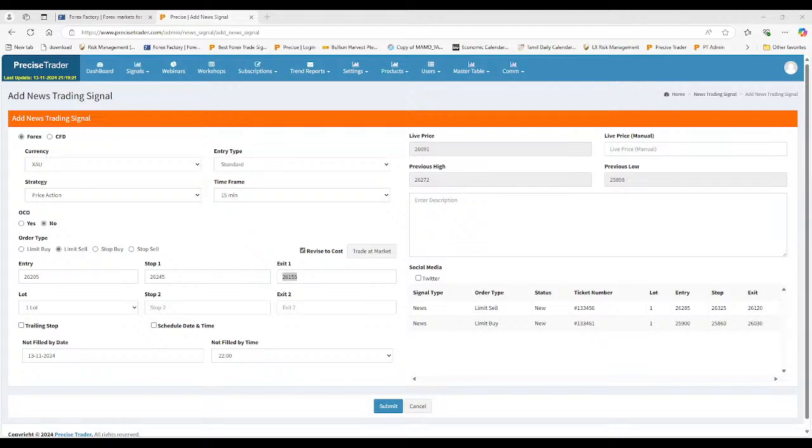Let me look into the chart. If we are selling at 20 and a half, we should be exiting before 2606. So we try to TP at 2606, and this one we will put expiry until 22.